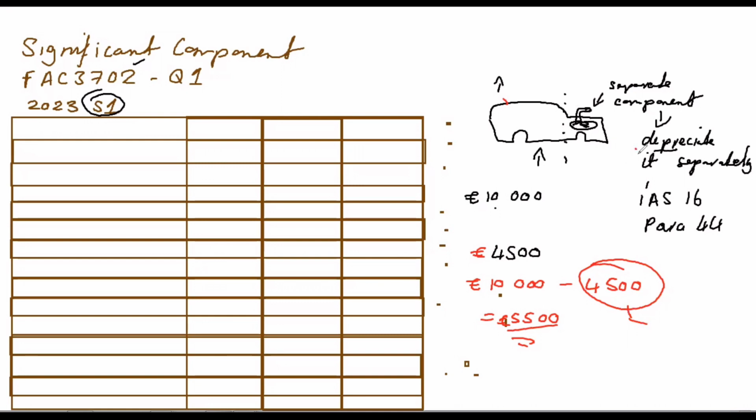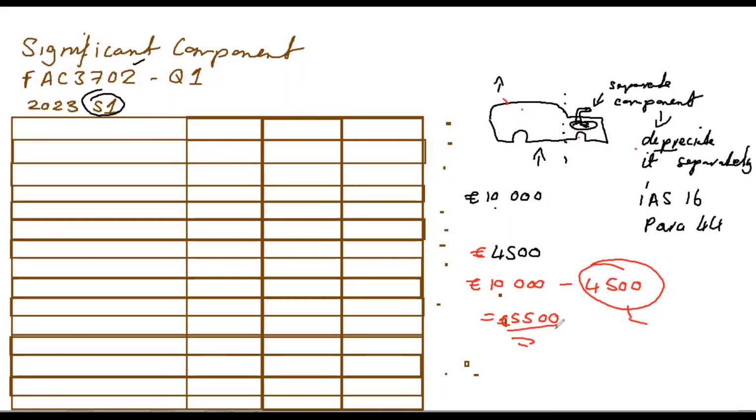Because from common sense, the body and the tires and all those things without the engine have different life spans. An engine can have a shorter lifespan than the body. Sometimes the body can have a shorter lifespan depending on how powerful the engine is. So that's why they are saying if these have separate lifespans, depreciate them separately. That's all we are saying.